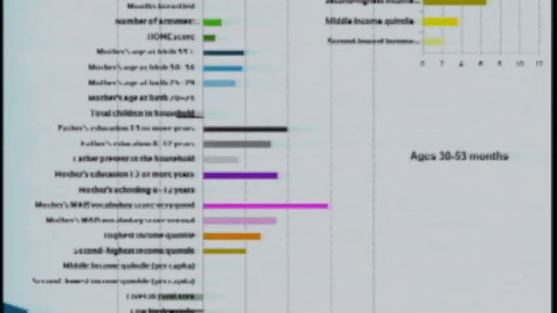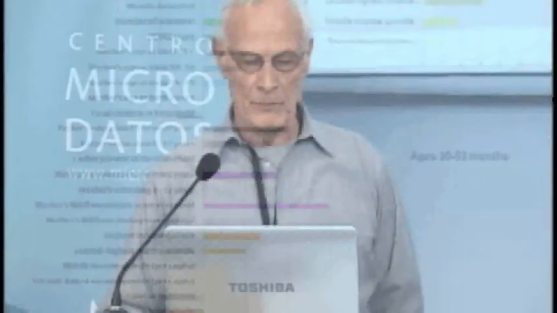On the left, it still includes the income quintiles, and the gold and yellow bars down low in the graph indicate still significant associations of the income bars, but much less large once you control, particularly for maternal skills. Father's schooling is a pretty strong association, and some other associations with maternal ages.